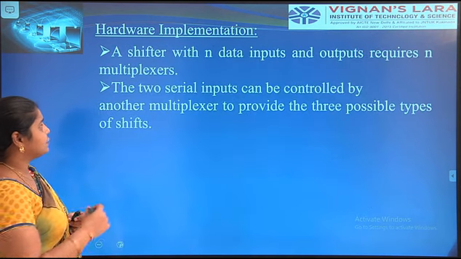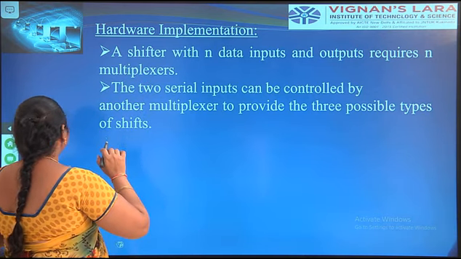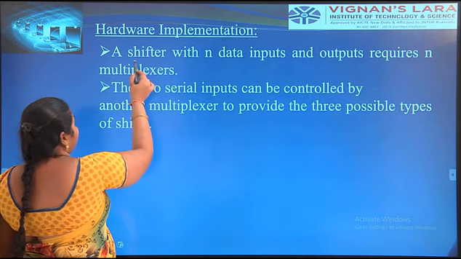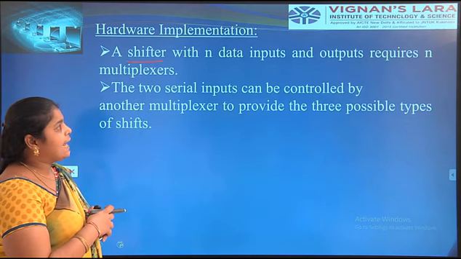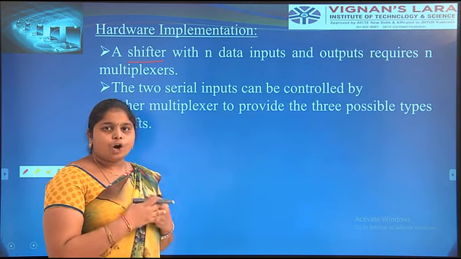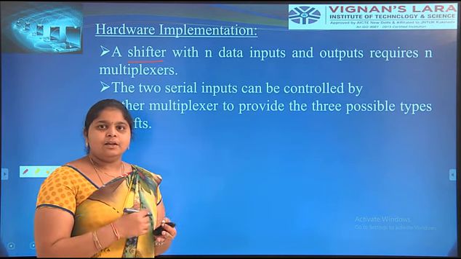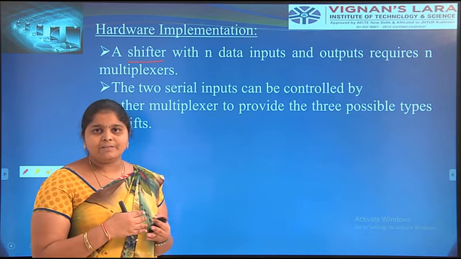The shifter is the hardware implementation of the shift micro operation. A shifter with n data inputs and outputs requires n multiplexers. Because we have two selection inputs, we take the 2 by 1 multiplexer.